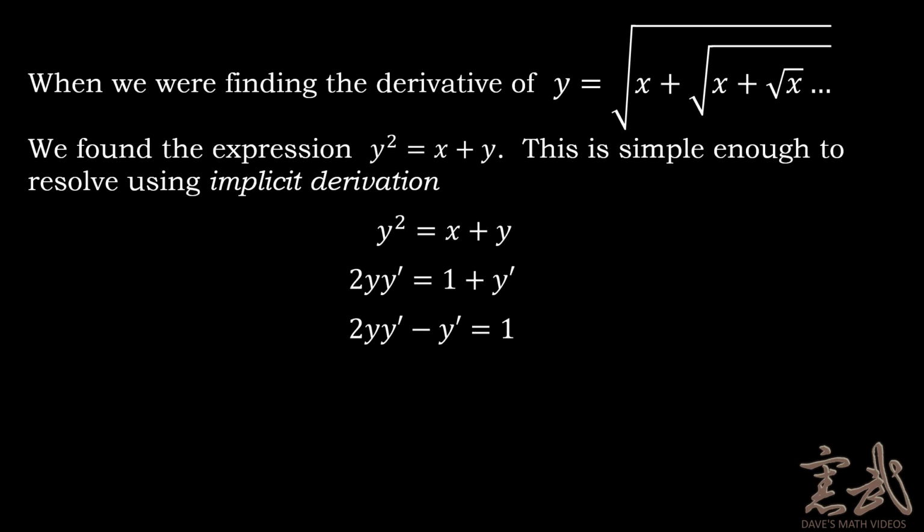We can rearrange this and we would get 2y times y prime minus y prime is equal to 1, and this means that the quantity 2y minus 1 times y prime is equal to 1, or that y prime is equal to 1 over 2y minus 1.